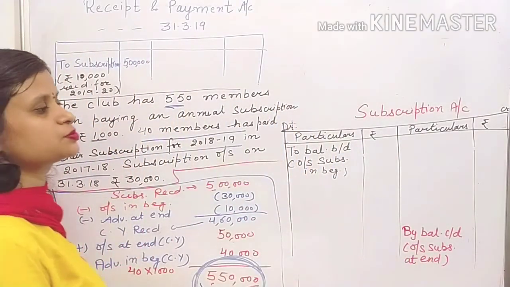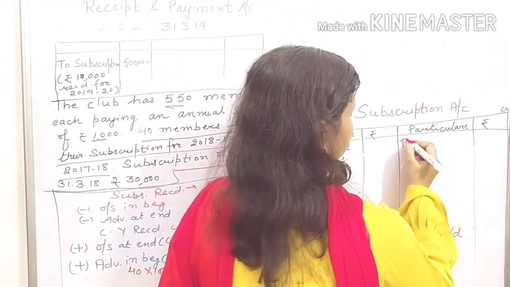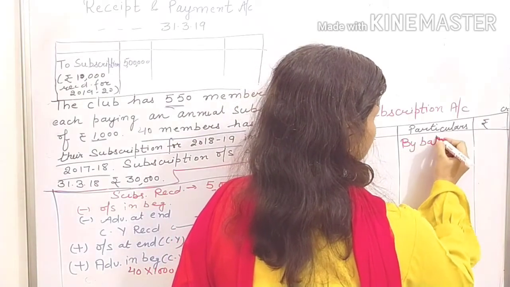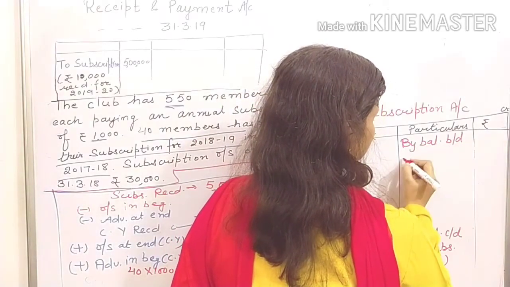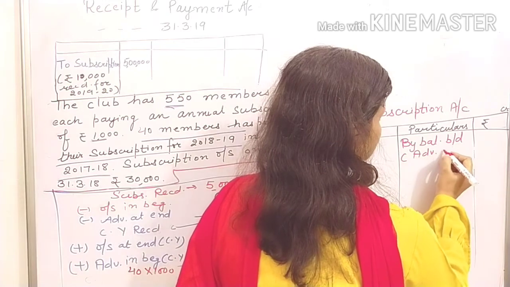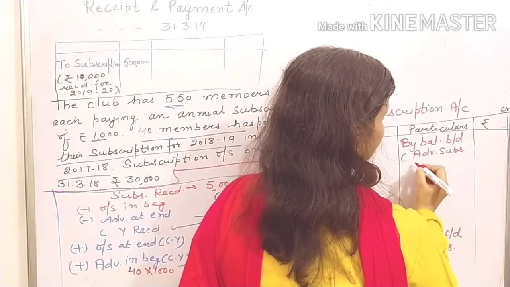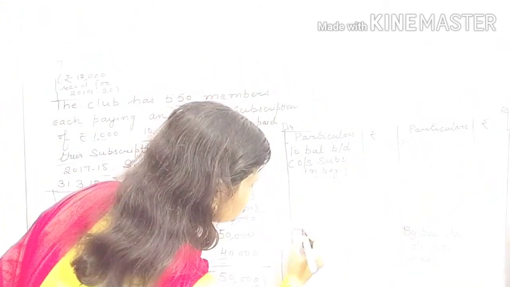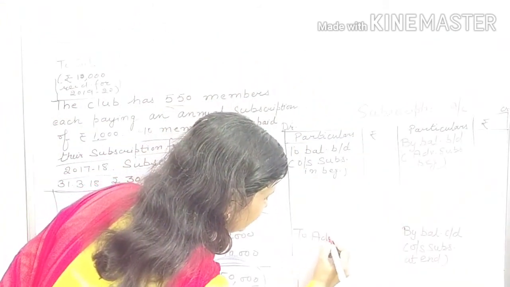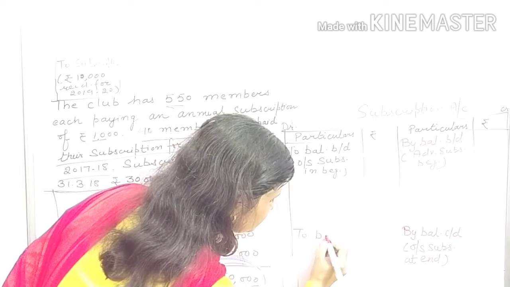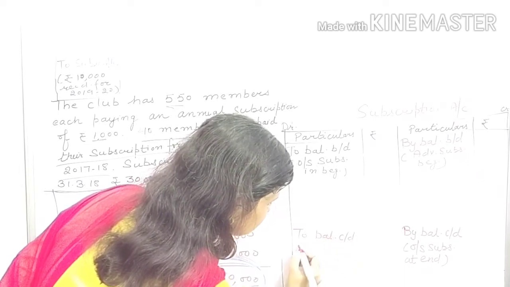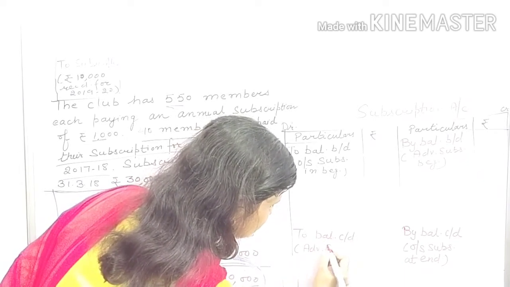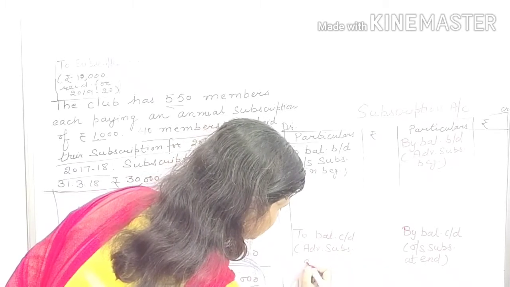Similarly, advance subscription in the beginning by balance brought down. This is your advance subscription in beginning. We will show advance subscription at end to balance carry down. This is advance subscription at end.